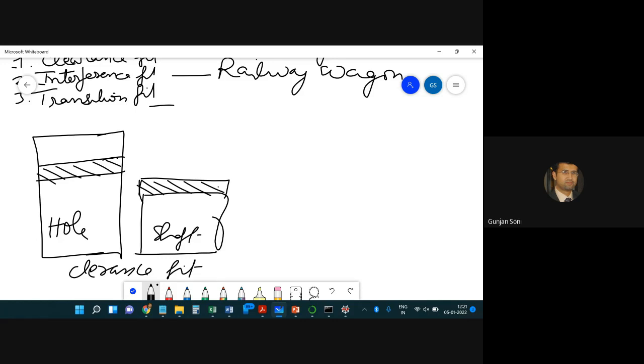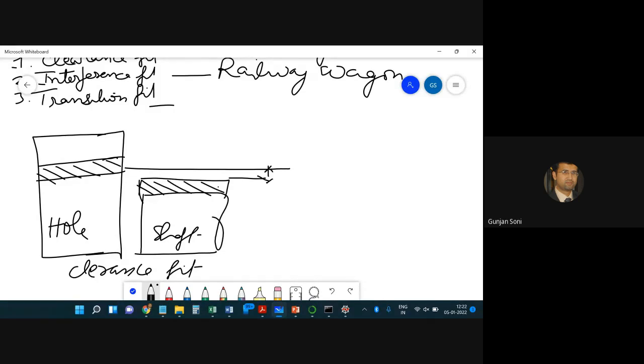I'll give you 5 minutes. My idea of telling you this is that if I have to design a clearance fit, your maximum diameter of shaft should be less than the minimum diameter of the hole.